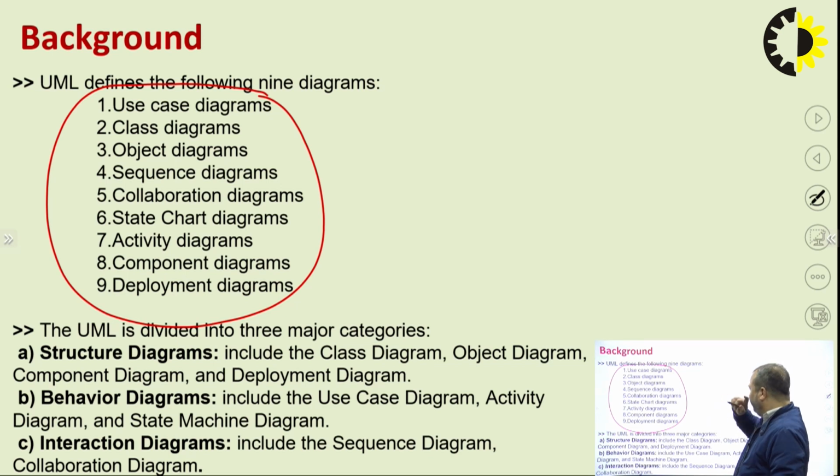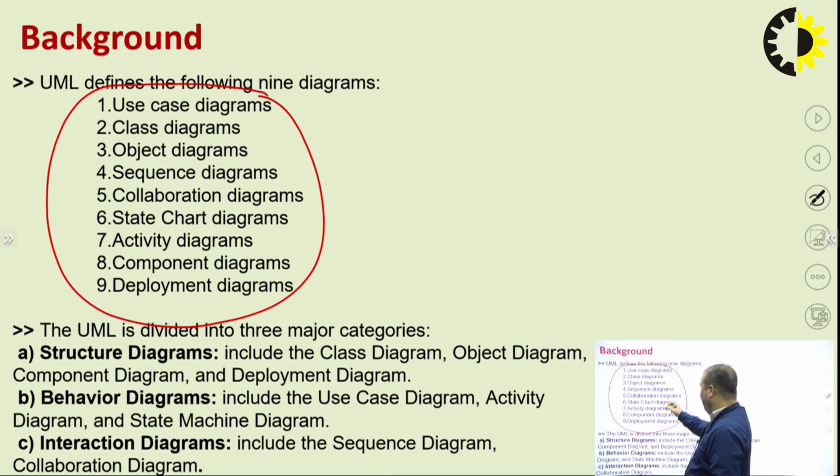Even there can be more diagrams depending on the software and the tools we are using, but mostly all the things required to model a software system come under these 9 diagrams.